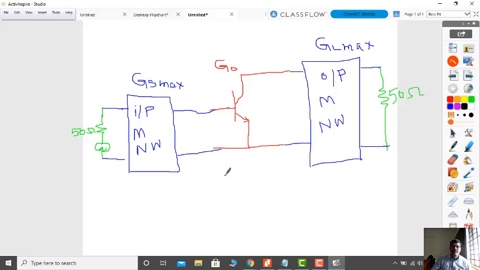This is the procedure that we are going to use. The input impedance of the transistor is represented in terms of reflection coefficient as gamma in, and from port 2 it will be gamma out.